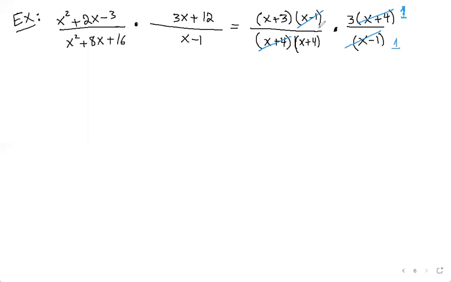Here is 1. So now, what does that equal? x plus 3 over x plus 4 times 1, exactly, like he said.